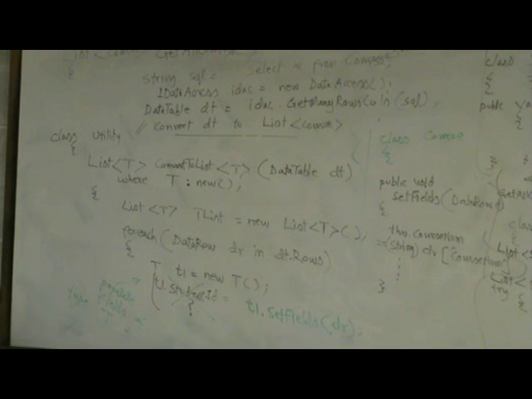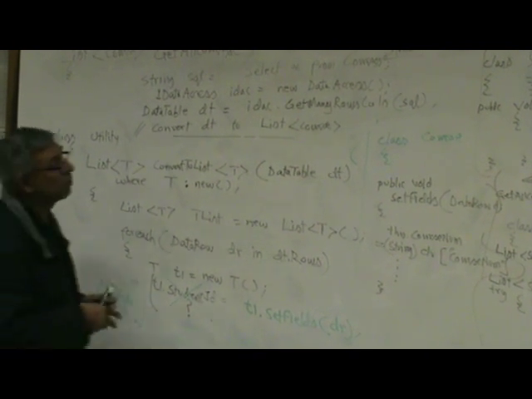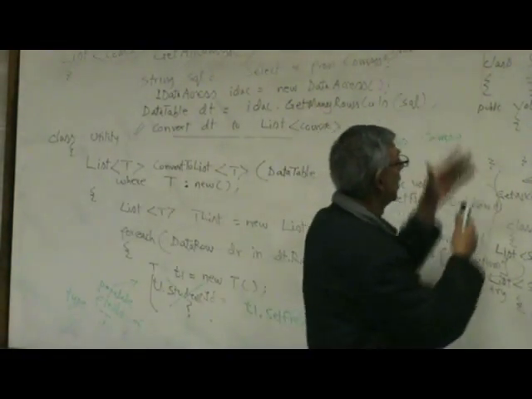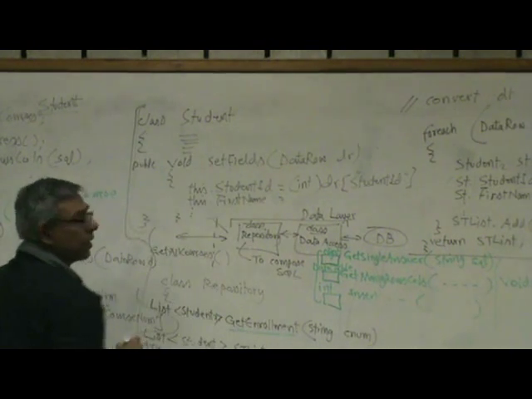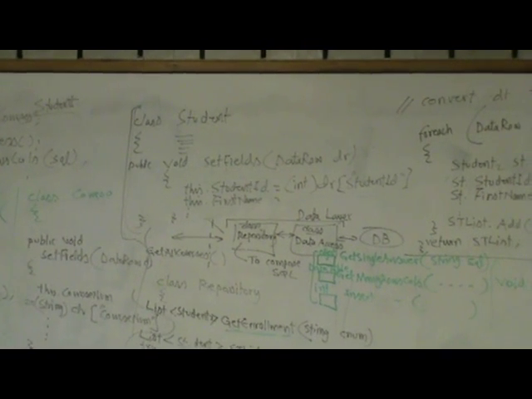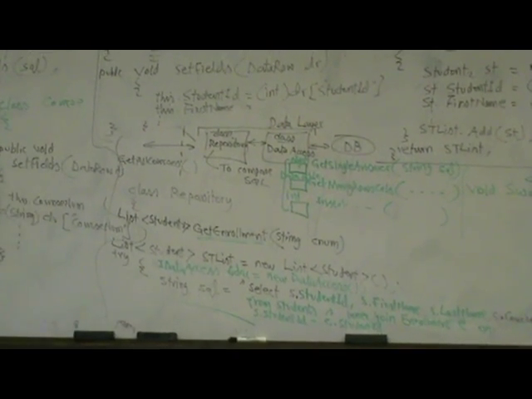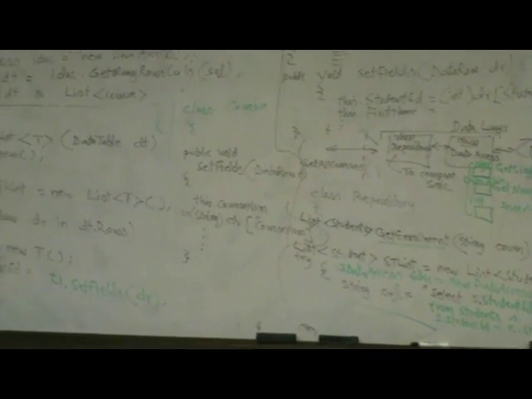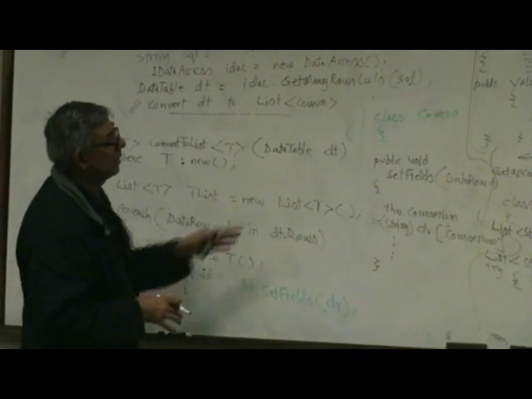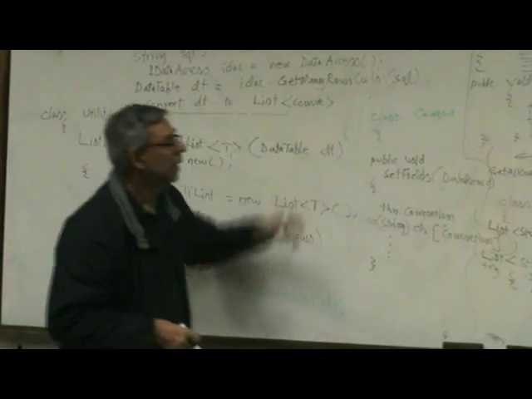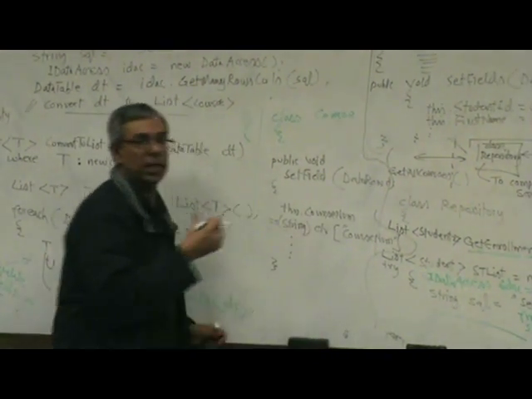However, there's one last problem with this. Suppose you created the student class, and you wrote this method called setFields. Now somebody can easily, towards the end of their get enrollment, call this convert to list method, and it will work. Now let's say somebody developed the course class, and they misspelled it.